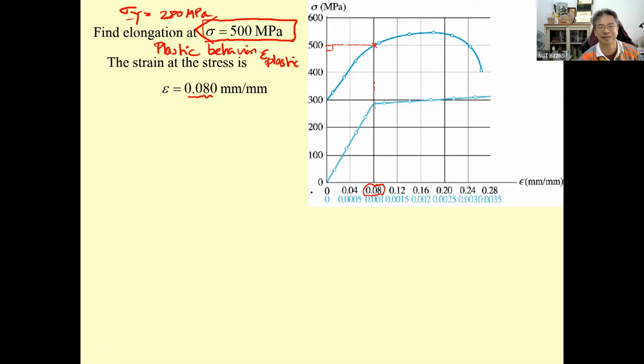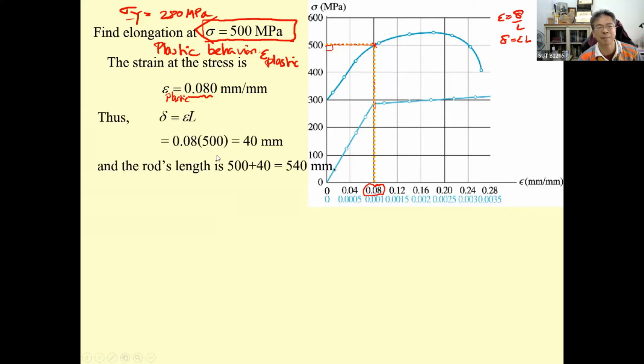So this stress produces a plastic strain. The strain is elongation divided by L, so the elongation is strain times L. They give L as 500 millimeter, so 0.08 times 500 is going to be 40 millimeter.